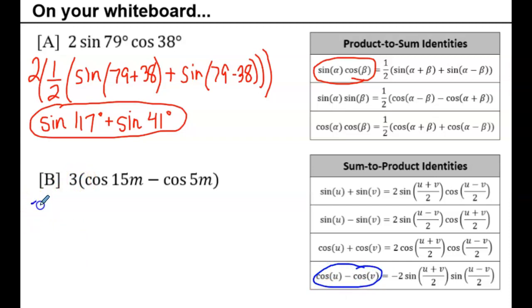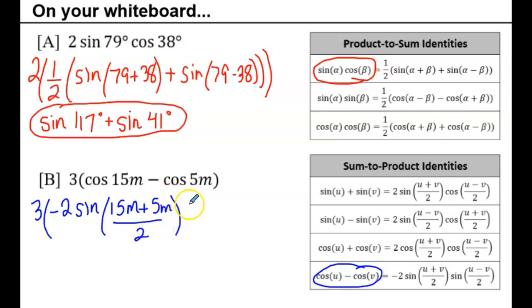So we have a coefficient of 3 out front, and then our identity, -2 sine, and then we add the angles, so 15m plus 5m, all divided by 2, and that's times the sine of the difference of the angles, 15m minus 5m, all divided by 2.